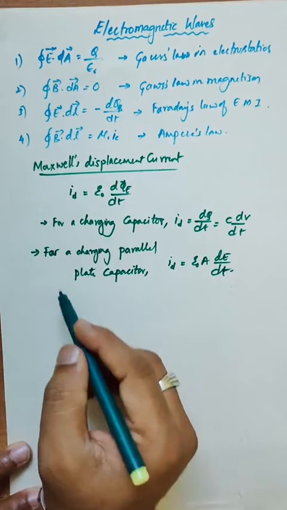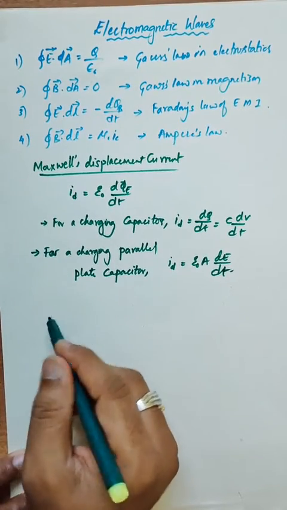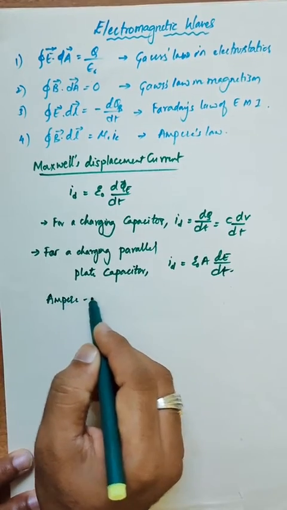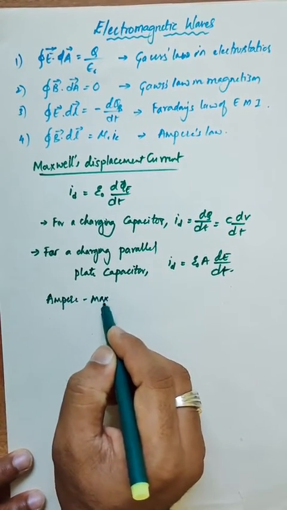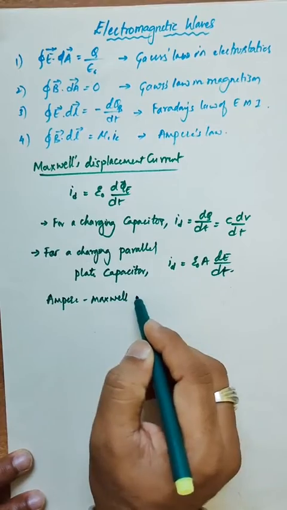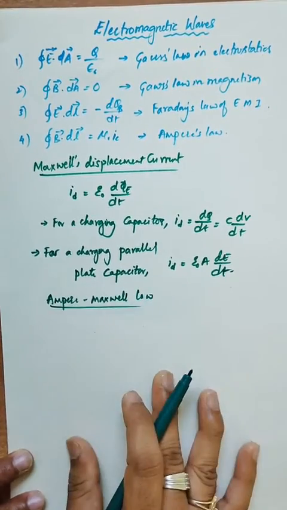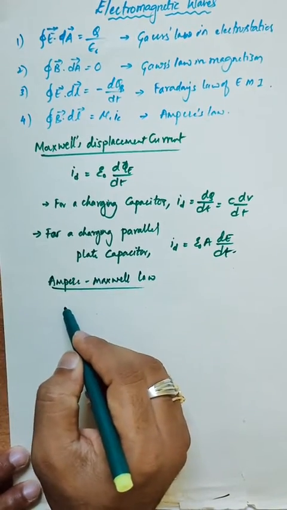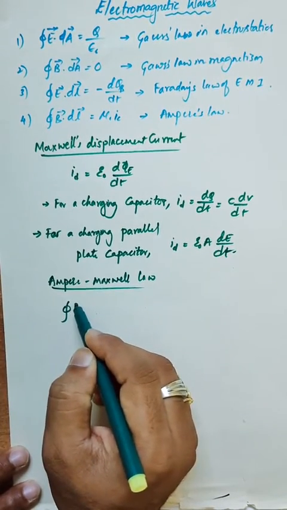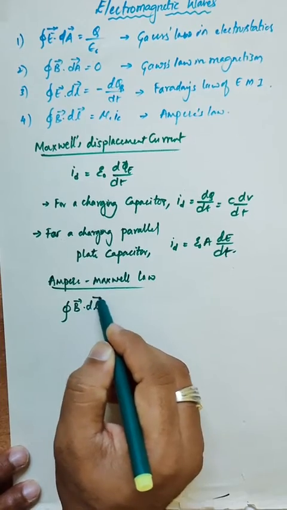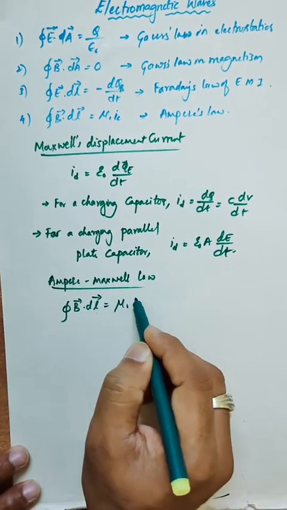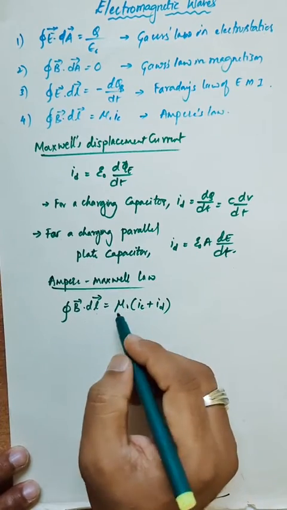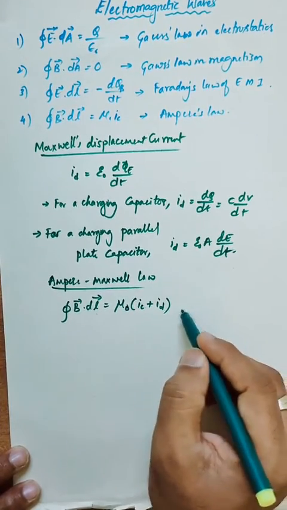Now coming to the next important section, that is Ampere-Maxwell law. Both physicists together gave a law like this: integral of B dot dL is equal to mu naught times conduction current plus displacement current into mu naught.